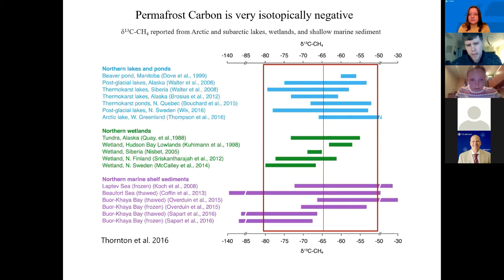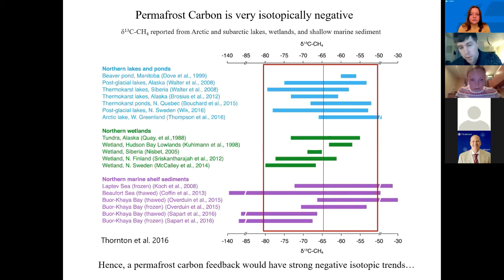And so it's plausible that the permafrost is starting to emit much more ancient carbon, especially since 2007, as we've seen rapid changes in the Arctic. But again, it's a hypothesis, so it hasn't been validated. But if a permafrost carbon feedback were to begin, it would have a strong negative isotope trend.